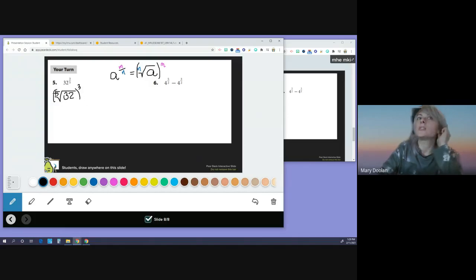And if you just pay attention to the stuff that's in here, you can rewrite that as the 5th root of 2 to the 5th power. And that whole thing is cubed, right? And so now this 5th root of something being raised to the 5th power, it cancels each other out, and I'm just left with 2 to the 3rd power, or 8.